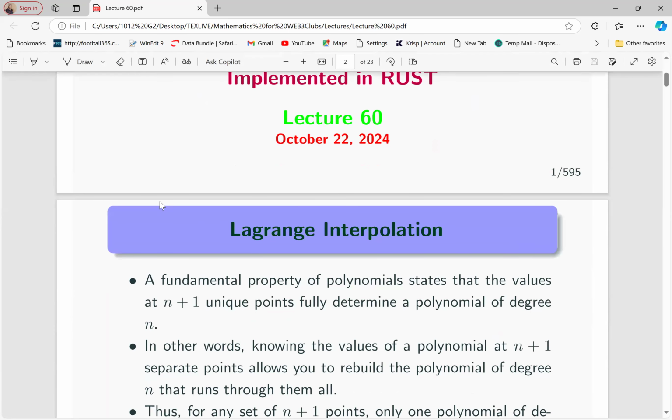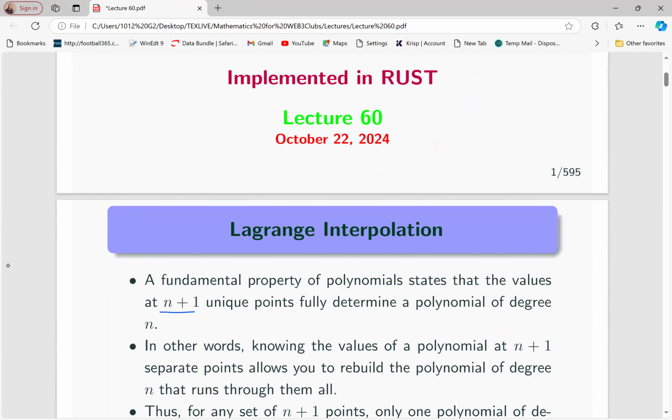Now, as we had said, Lagrange interpolation is a process where, if you are given n plus 1 points, you are required to construct a polynomial through all those points without leaving any of the points out.